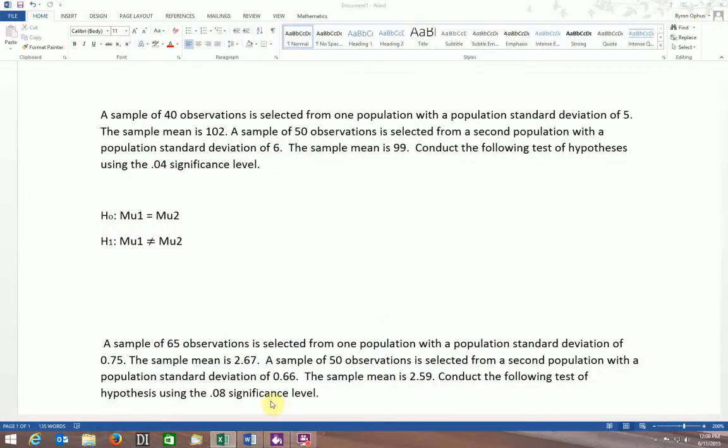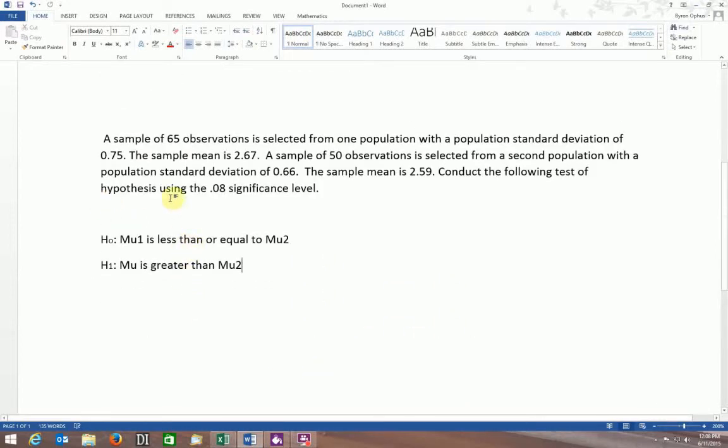So again, if we look at number 2, it says a sample of 65 observations. Again, I think we're more concerned about the hypothesis using the 0.08 significance level. But this one's a single tail, right? So our null hypothesis is that mu sub 1 is less than or equal to mu 2, and our alternate hypothesis is that mu sub 1 is greater than mu 2.